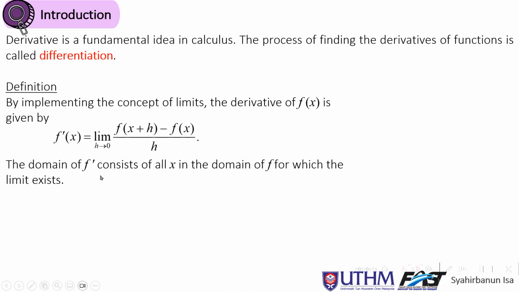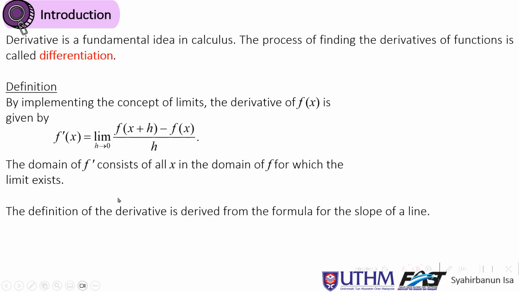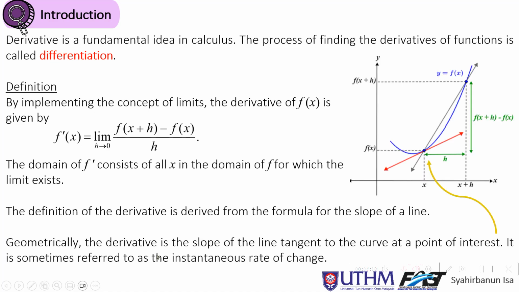Okay, the domain of f prime consists of all x in the domain of f for which the limit exists. The definition of the derivative is derived from the formula for the slope of a line.